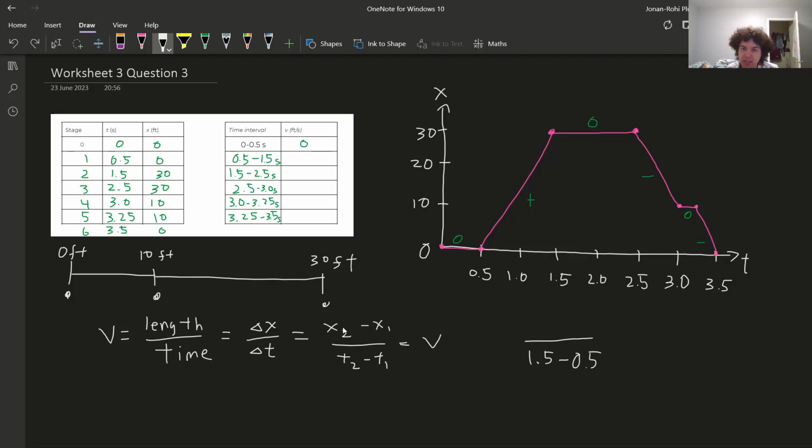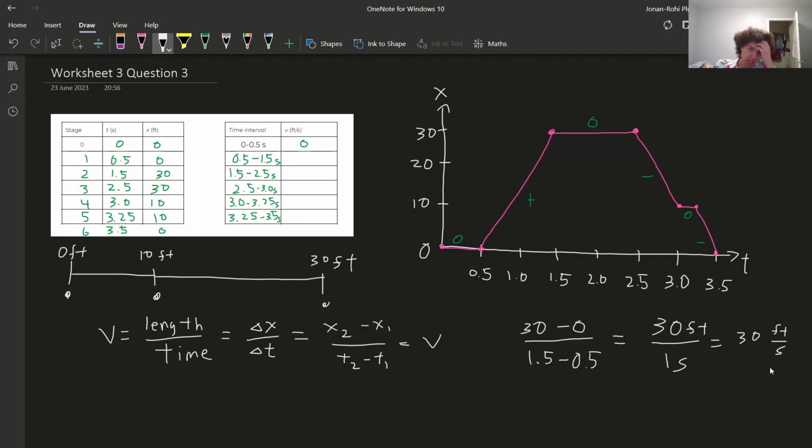Our numerator is going to be the positions at those two times. At the later time, the final position is 30, and at the earlier time, the initial position is 0. So this tells us that you traveled 30 feet, because this numerator is 30 feet. You traveled 30 feet in 1 second, which gives us a speed of 30 feet per second.